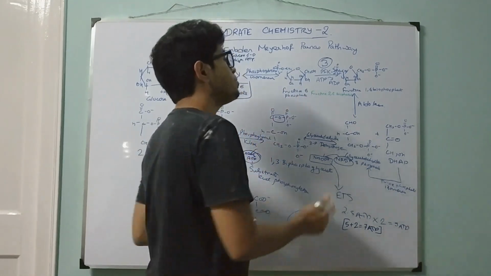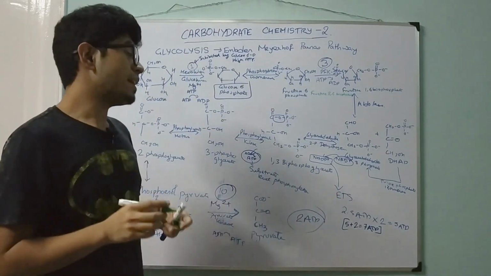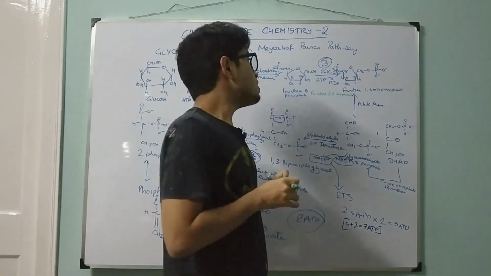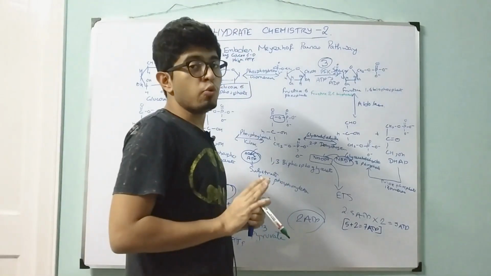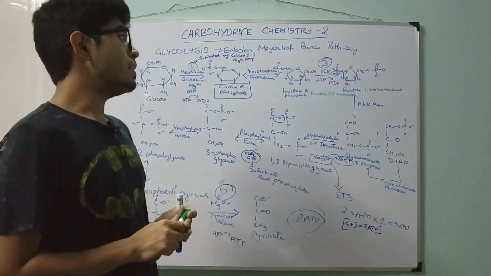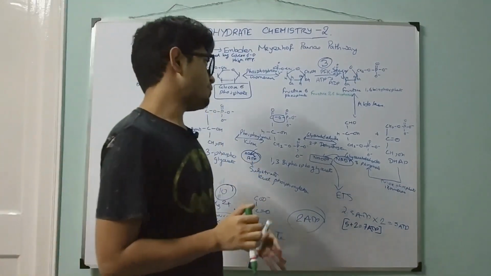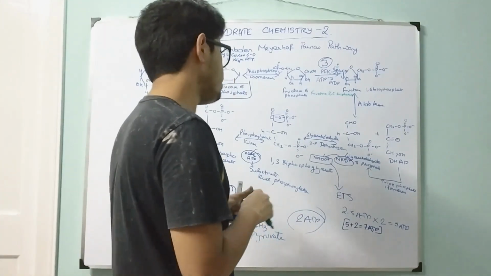Therefore, phosphofructokinase 2 is required. This phosphofructokinase 2 basically has two forms. One is a phosphorylated form or the inactivated form, and the dephosphorylated form, which is the activated form.